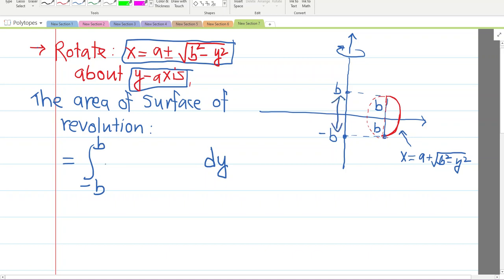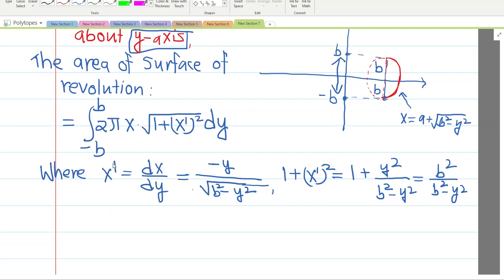And so we get 2 pi x times the square root of 1 plus the square of the derivative of x with respect to y. Okay. So now we need to plug in the x value, and x prime means the derivative of x with respect to y.